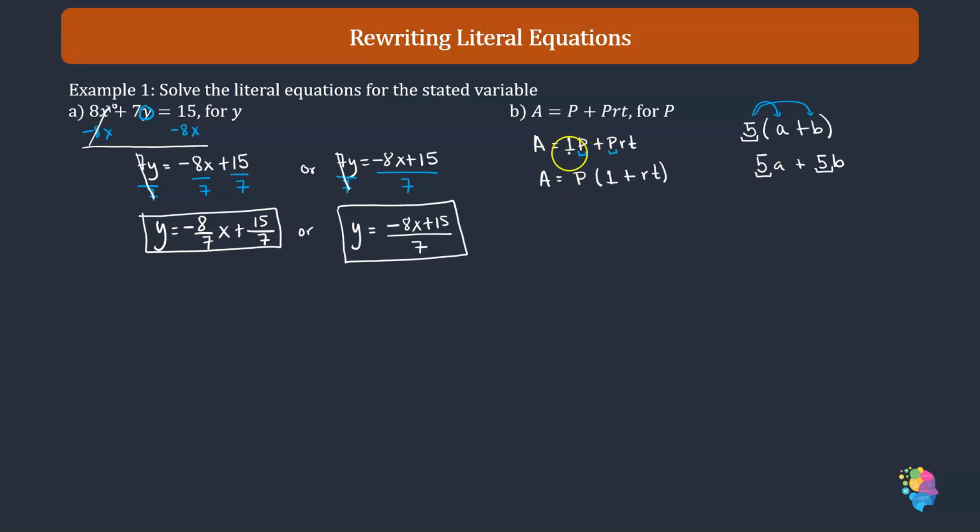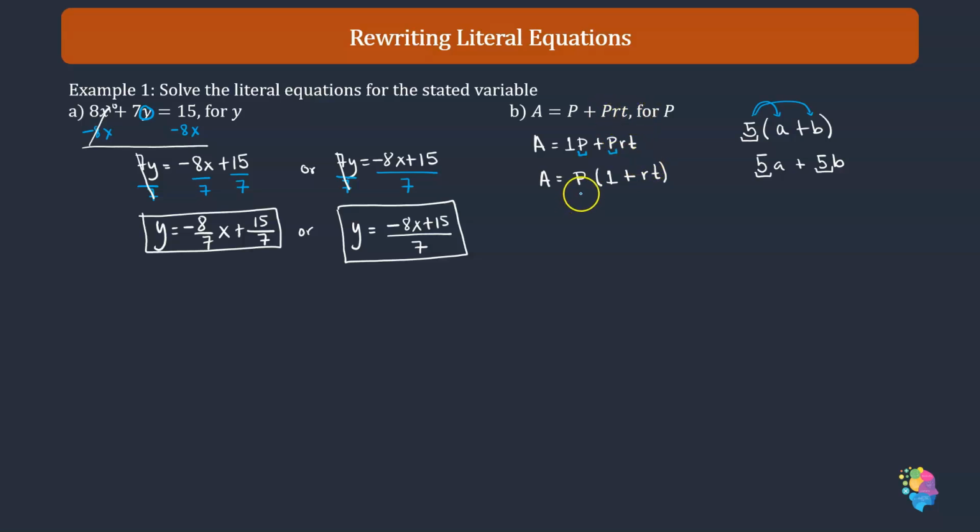That's why I wrote the 1 in here, so that if I took out the p, I know that I was supposed to multiply times the 1. So p times 1 will be p, and p times rt will be prt.